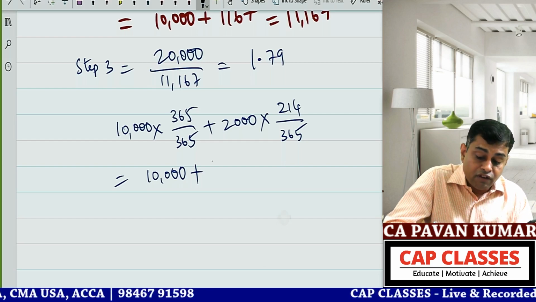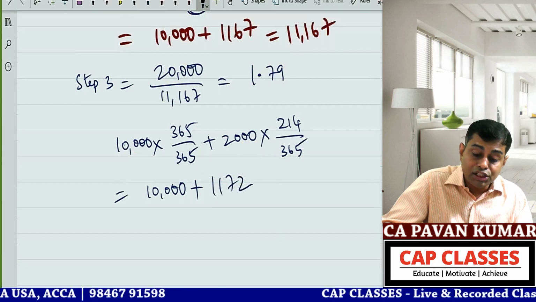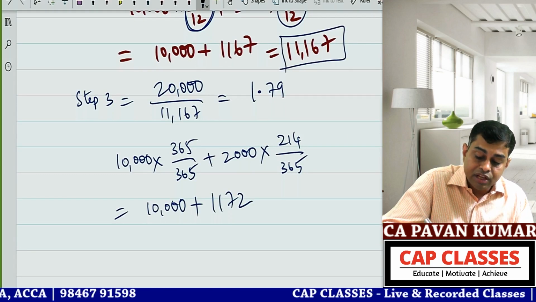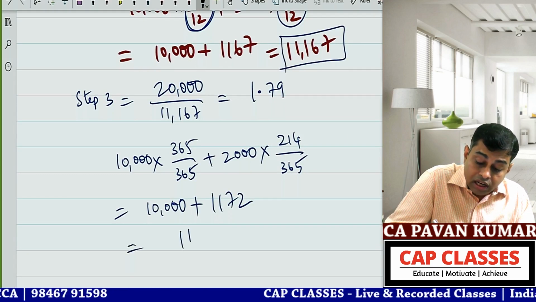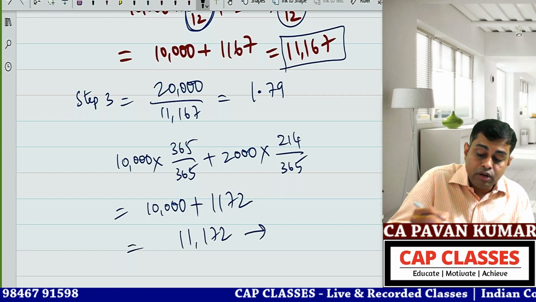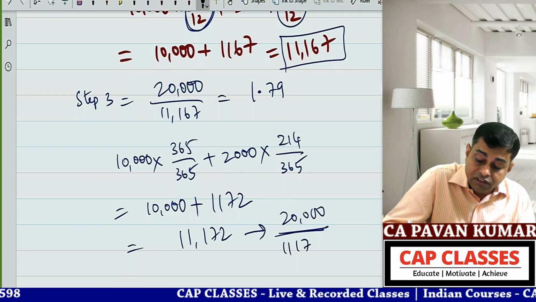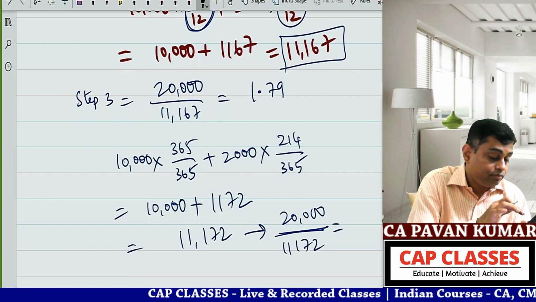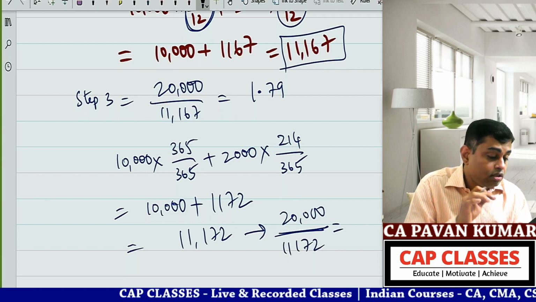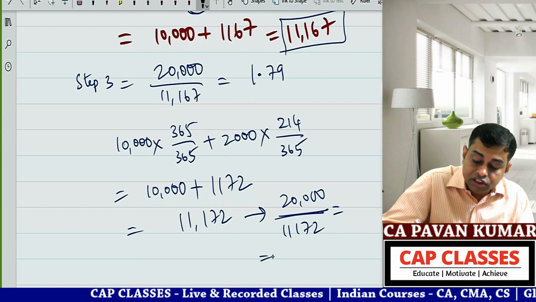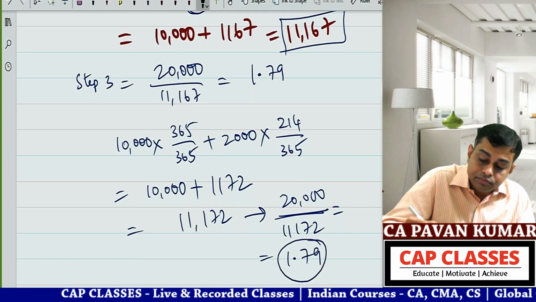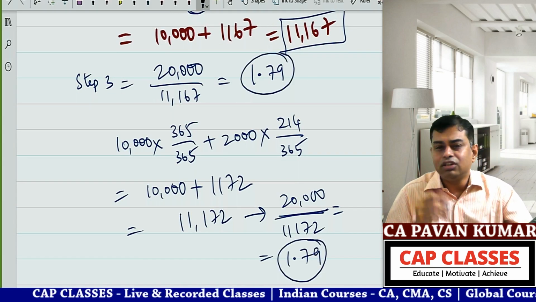This will be 1172. Little change is there. Here 167 came, here 1172 came. So 11,172. Now EPS will be 20,000 divided by 11,172. That will be 1.79. Same. This is not changing, no? Approx.